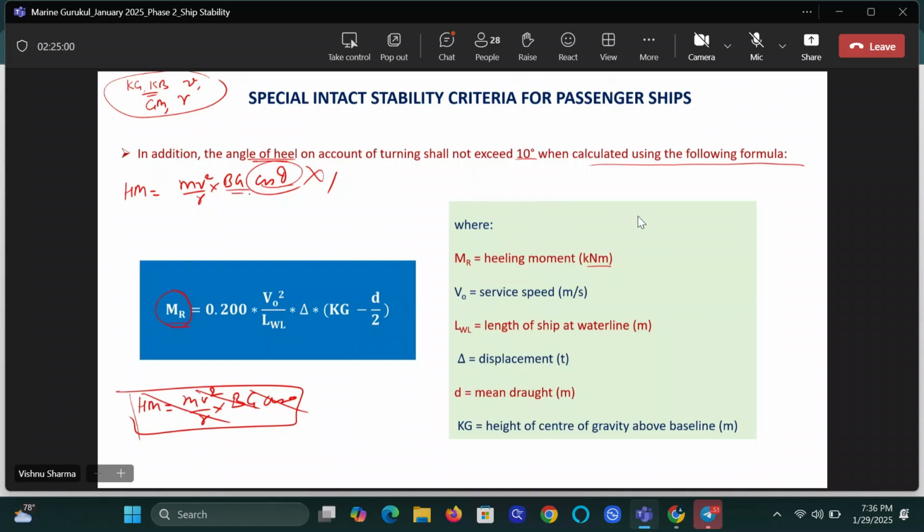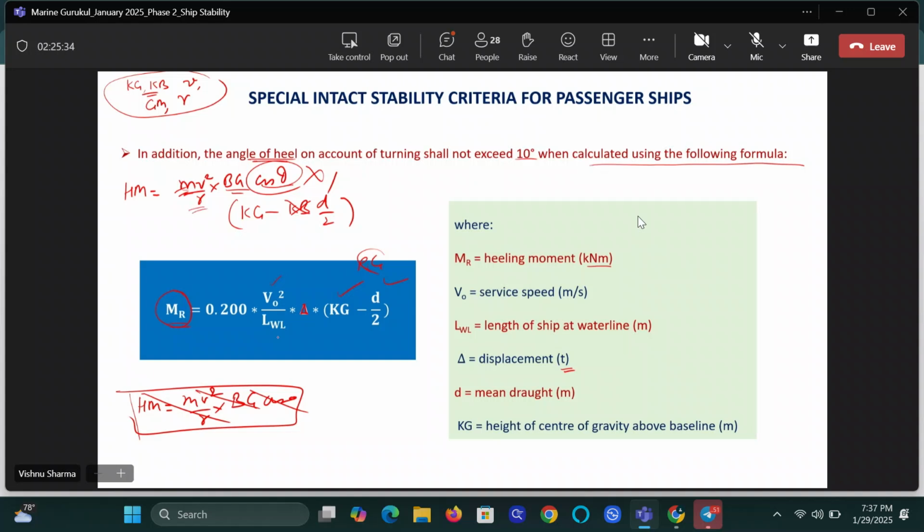What is BG? BG was KG minus KB. They are saying for this compliance, you take KB as d by 2. So this becomes BG. Then what is this V? They said take it as service speed. M is the displacement mass of the ship in tons. Pay attention, this was M here. And then what is the radius?